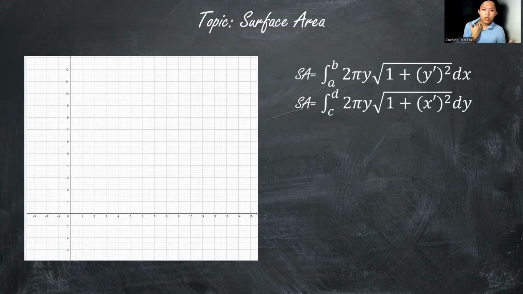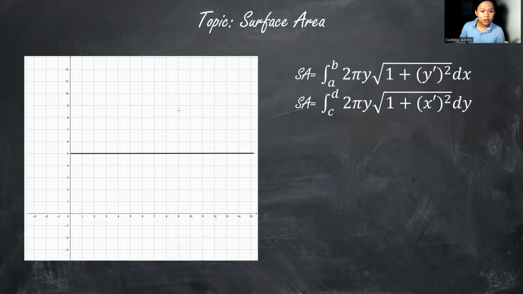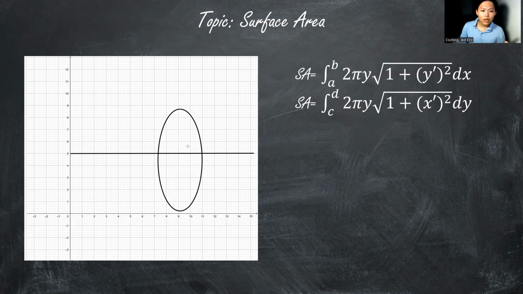Okay. Surface area. In surface area, let's say we have an axis of rotation here, and we have a cylinder here, and it rotates on the axis.